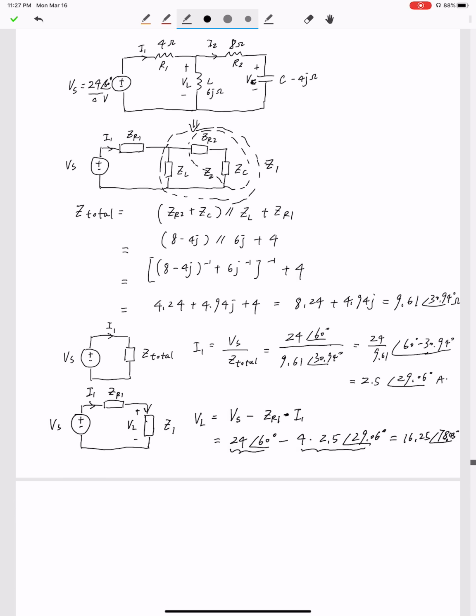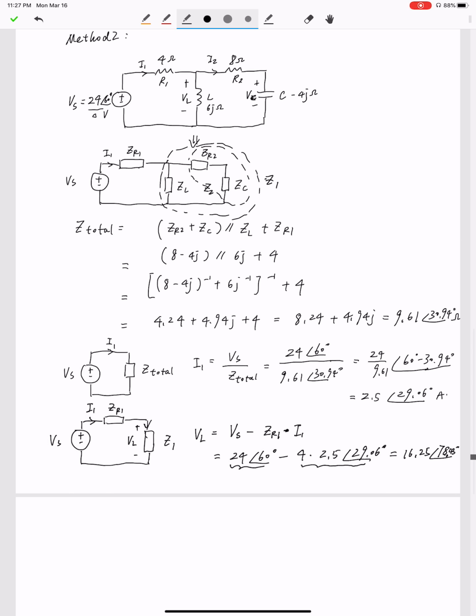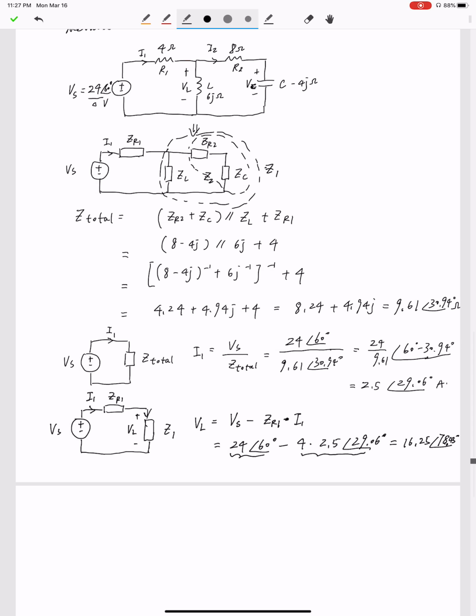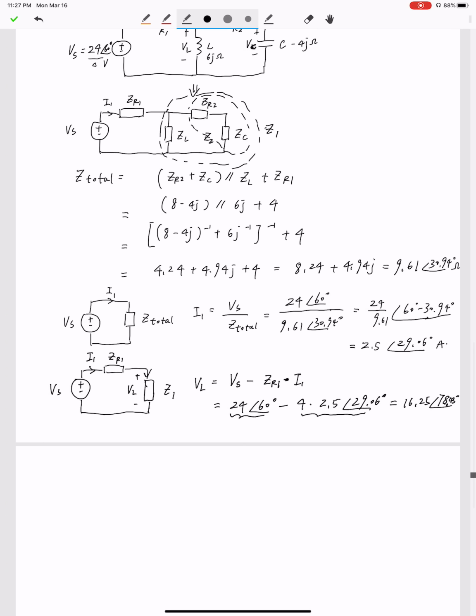After we find VL, let's do one step back. This is ZL, and this is Z2, which is the combination.